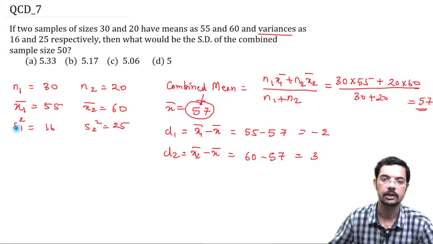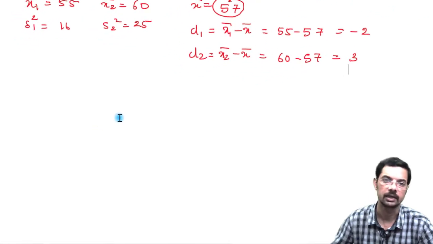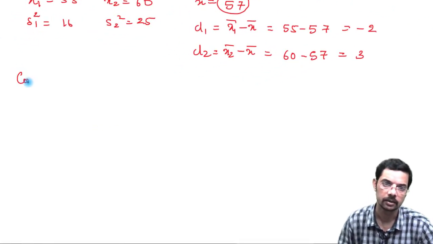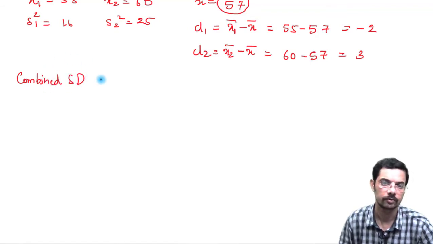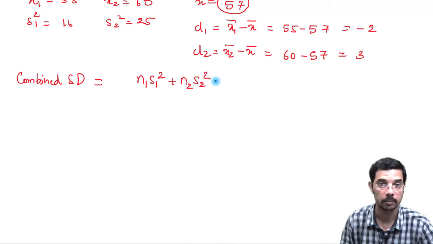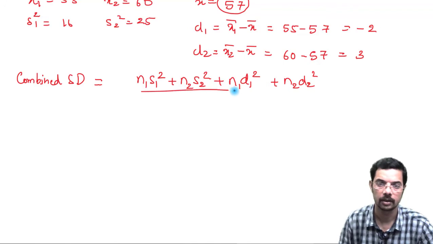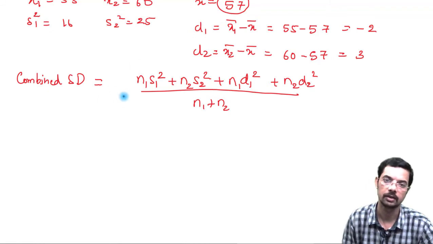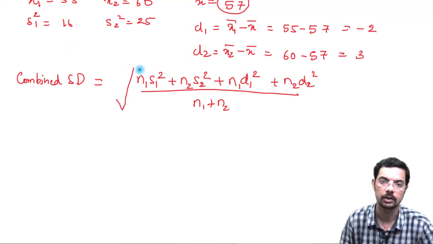Now to find the combined standard deviation, the formula is n1 into s1 square plus n2 into s2 square plus n1 into d1 square plus n2 into d2 square divided by n1 plus n2, and then the square root of this value.